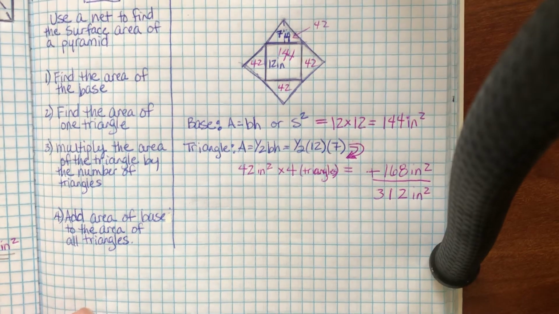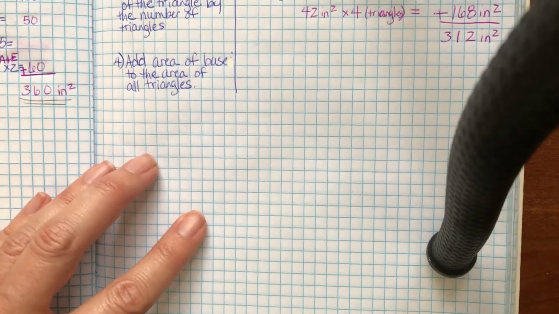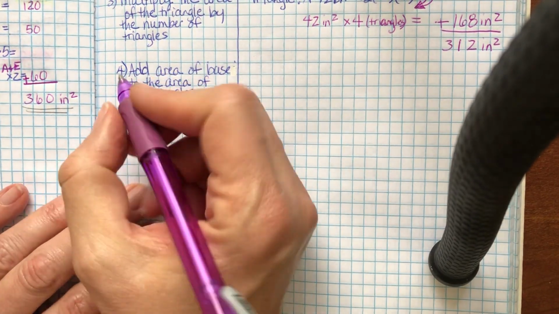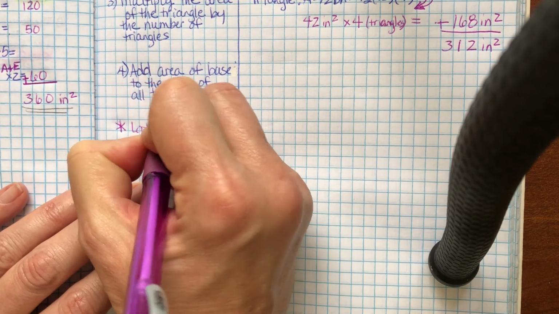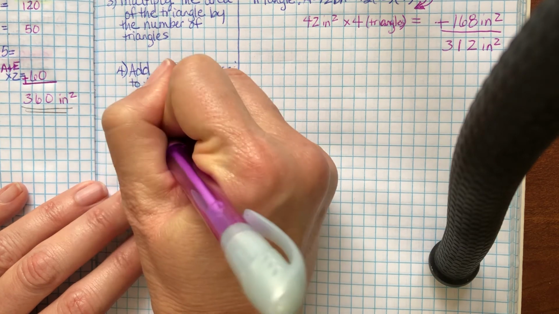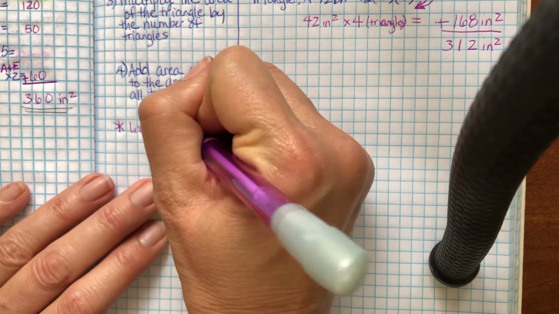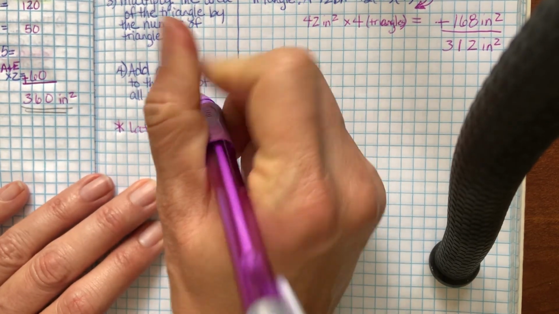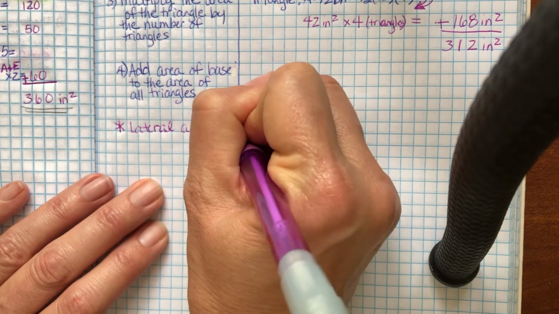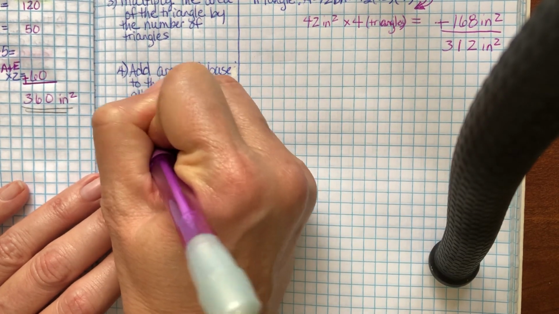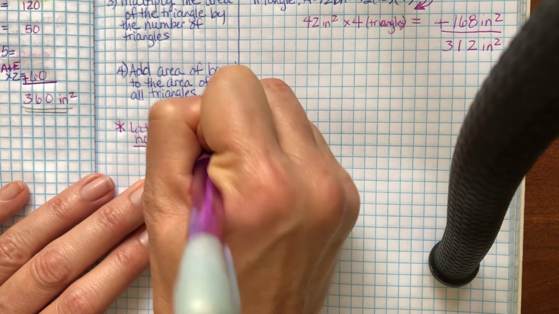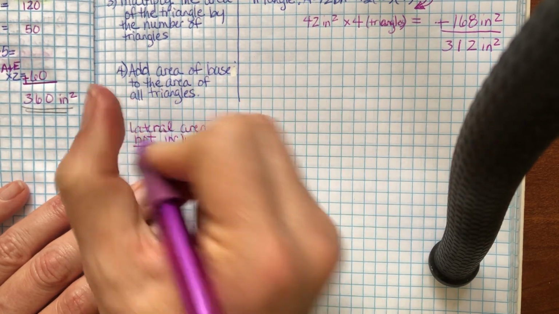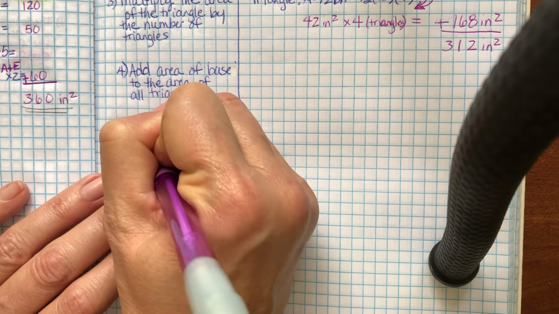The one other thing we'll add to our notes is lateral area does not include the base.